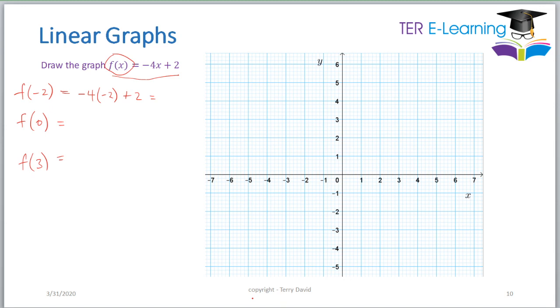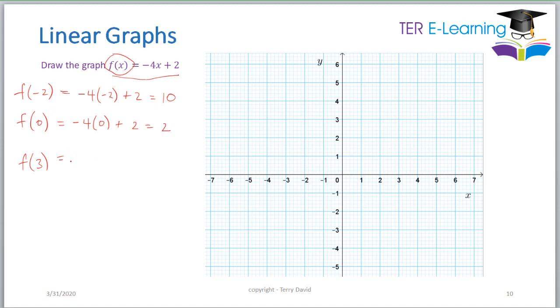So that is 8 plus 2, which is 10. So the first coordinate is minus 2, 10. The second coordinate, we substitute 0: minus 4 by 0 plus 2. Minus 4 multiplied by 0 gives me 0, and 0 plus 2 gives me 2.